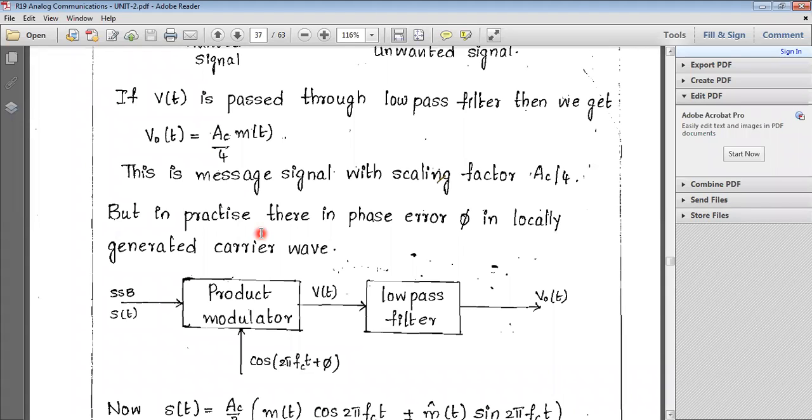But practically it is not possible to maintain the transmitted carrier signal phase and frequency the same as the received carrier signal phase and frequency. There is some small error. That error is represented as phi. So that's why the carrier signal is considered with phi.